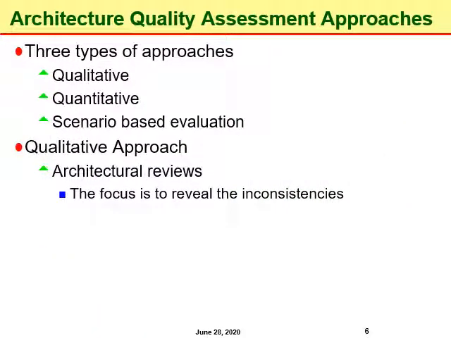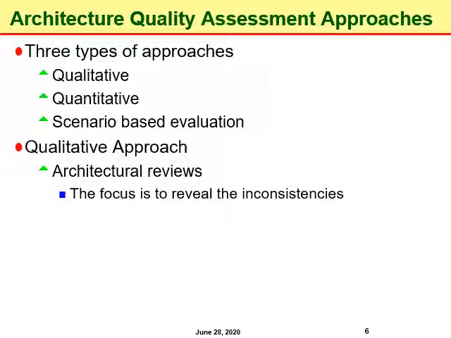Now we will discuss the quality assessment approaches for architecture. Mainly there are three types of approaches: the qualitative approaches, quantitative approaches, and scenario-based evaluation of the architecture. So we first see the qualitative approach.